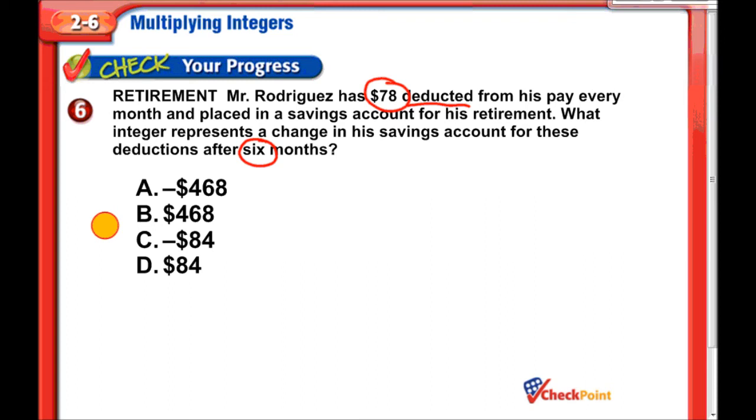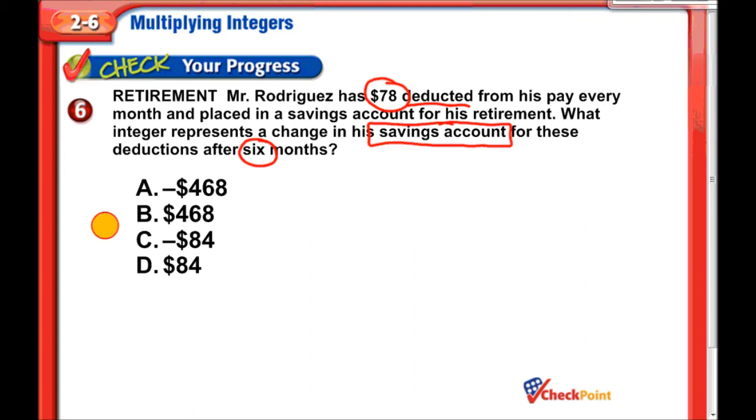But let's make sure I'm doing this right. Mr. Rodriguez has $78 deducted from his pay every month and placed in a savings account for his retirement. What integer represents a change in his savings account for these deductions after 6 months? I believe what's going on here is really what happened to his savings account.